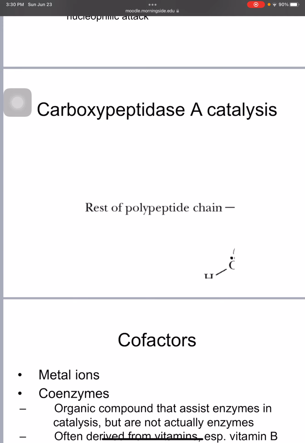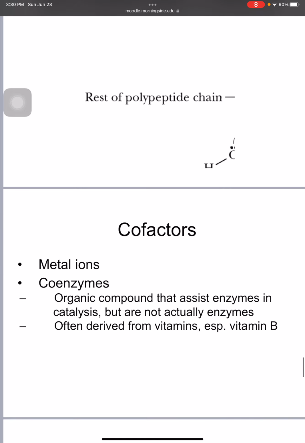All right. Speaking of metals, we can also see metals pop up and be helpful even if they're not actually part of the enzyme structure, right? They're very, very helpful. We'll see they're important in the blood clotting cascade that I mentioned, and they're important in a lot of other things.